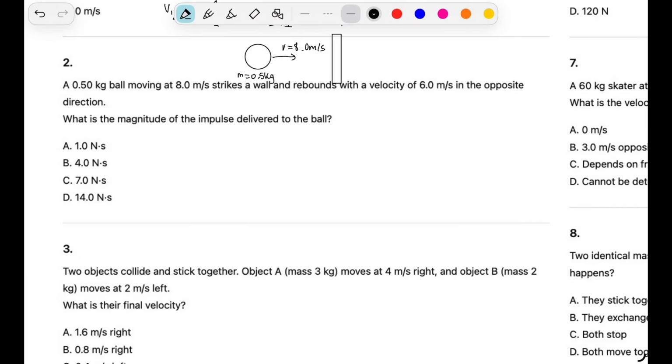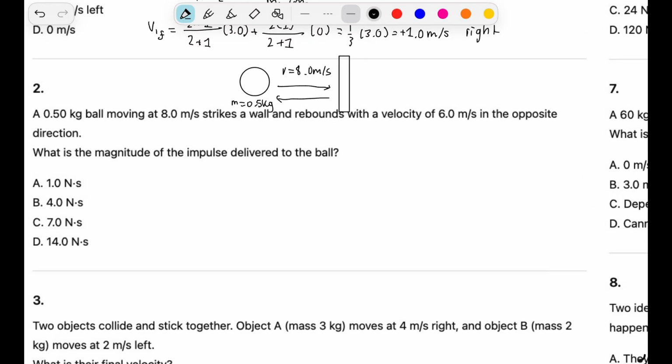And you're gonna hit the wall. After that, you're gonna rebound and go the opposite direction. So that means that you have a force that the wall is exerting on the ball that is pushing the ball back the other way.